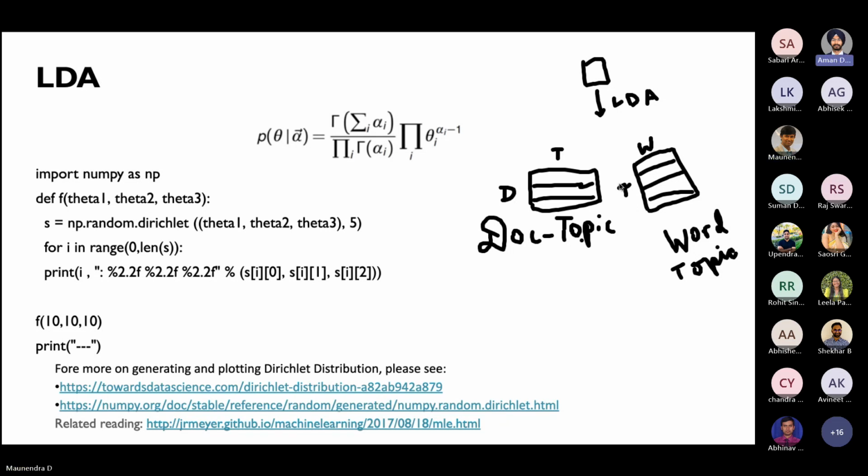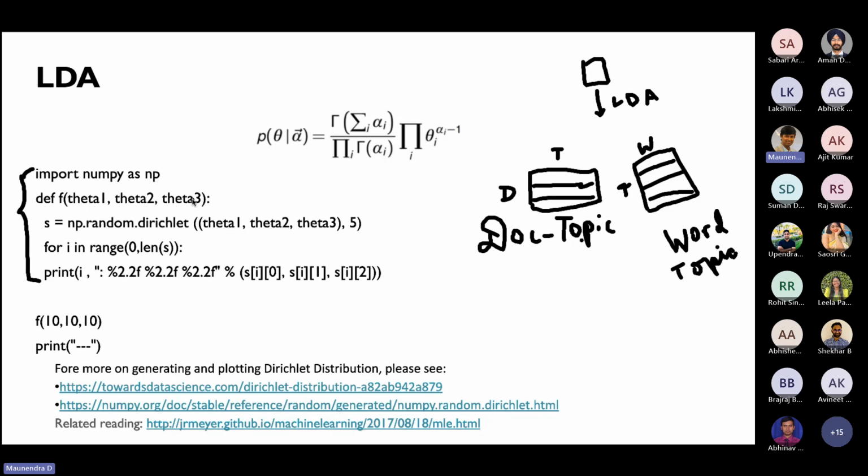And sir, in the algo that you have given on the left hand side, there you are considering theta1, theta2, theta3. That means we are considering there are 3 documents in this algo. So this is about generating probability vectors using Dirichlet distribution. Theta1, theta2, theta3 means we're assuming there are 3 topics.